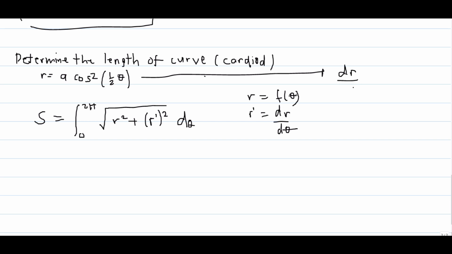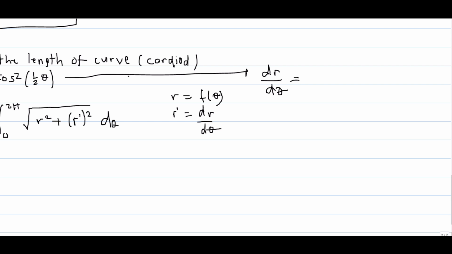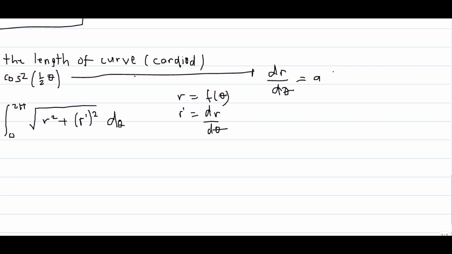So we take this derivative. dr over d theta equals a times the derivative of cosine squared of 1/2 theta, which is the derivative of cosine, negative sine, not sine squared, but negative sine 1/2 theta.